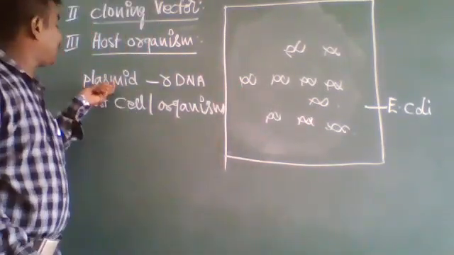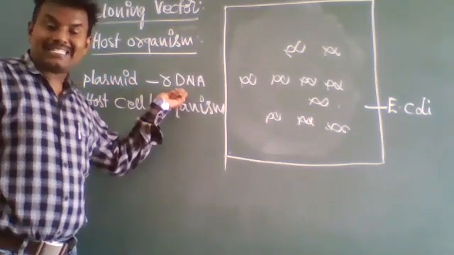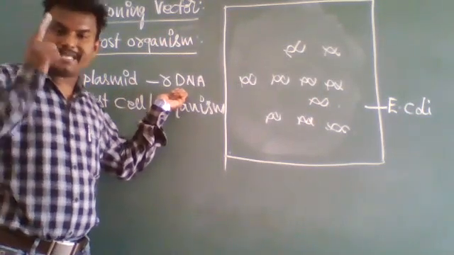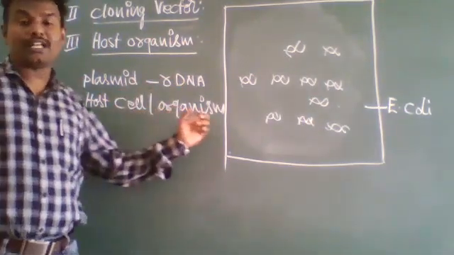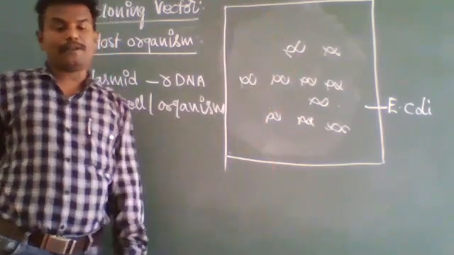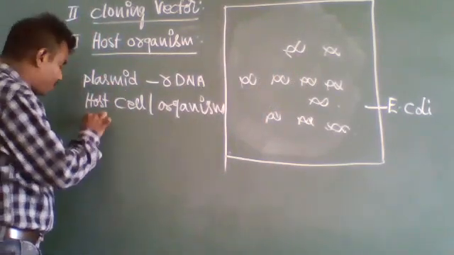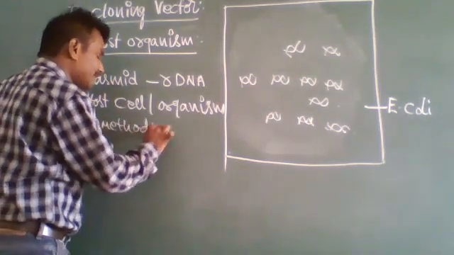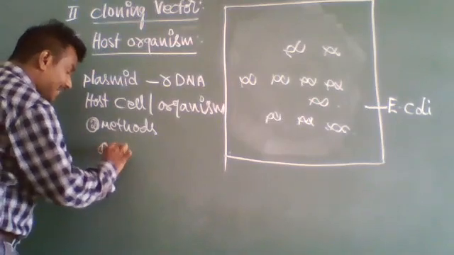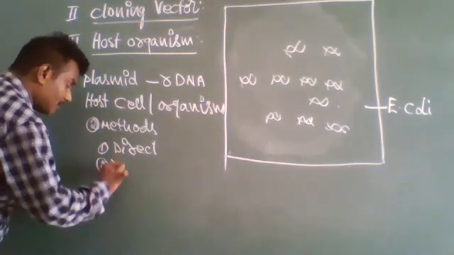So after identifying the plasmid DNA and constructing the recombinant DNA, the major step is to transfer this recombinant DNA to the host cell or organism for multiplication. This can be done with the help of two methods: one is the direct method, another is the indirect method.